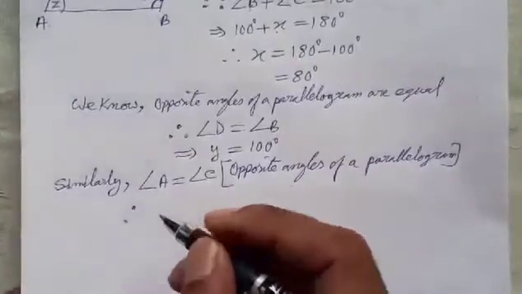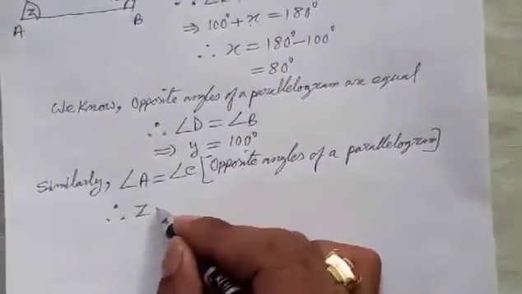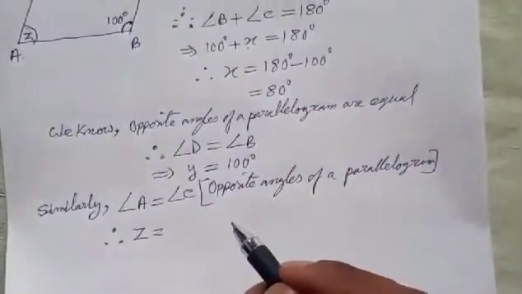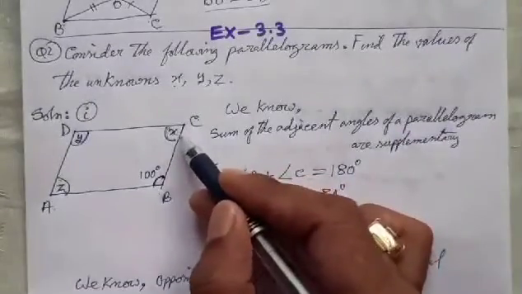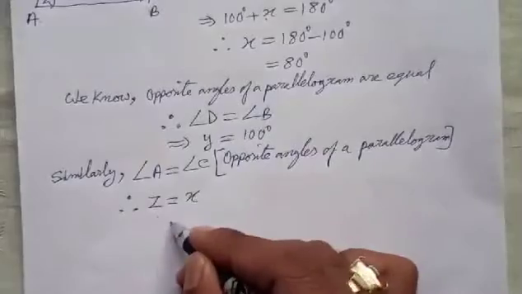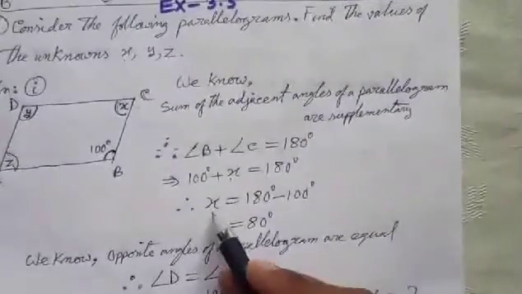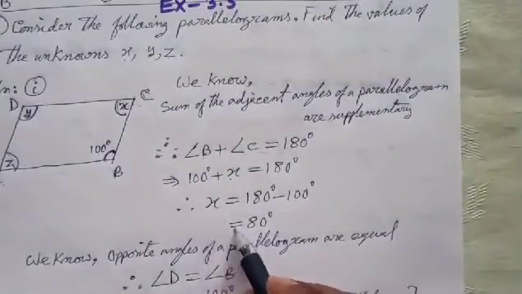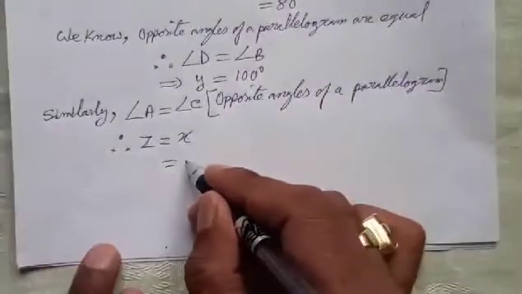Therefore, here we see that angle A is z. So z is equal to, here this angle C is x. So x. And we find that x is 80 degrees. So z is 80 degrees.